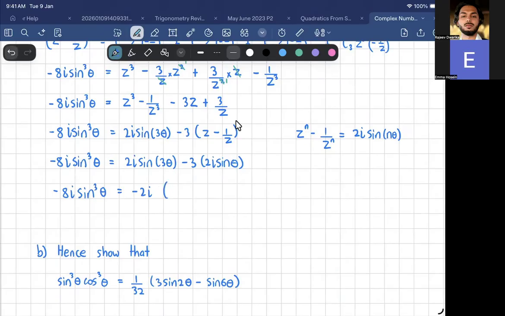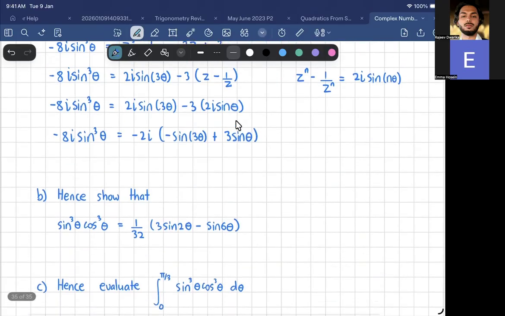Minus sine 3 theta plus 3 sine theta. And we want to get 1 over 4, so what do you do next? Divide by minus 8i. Not just minus 8, 8i.